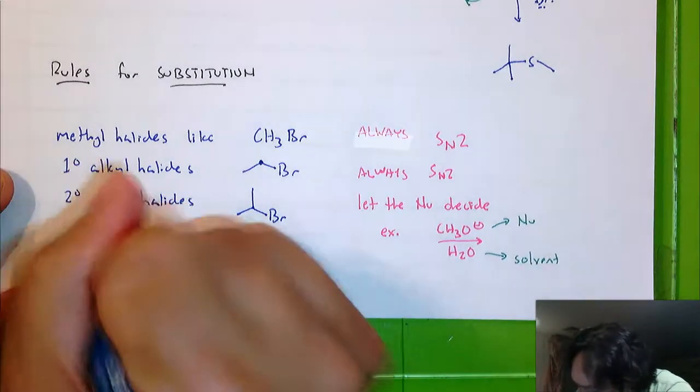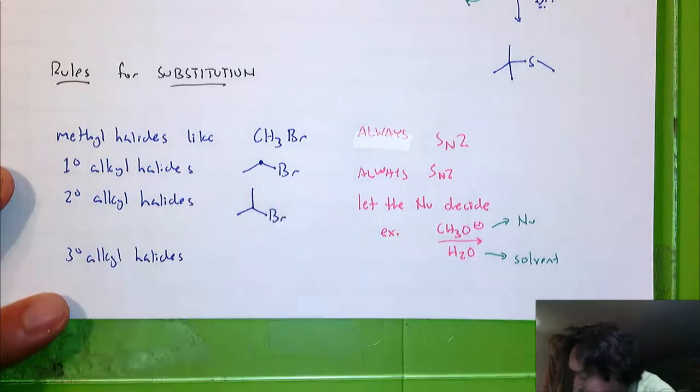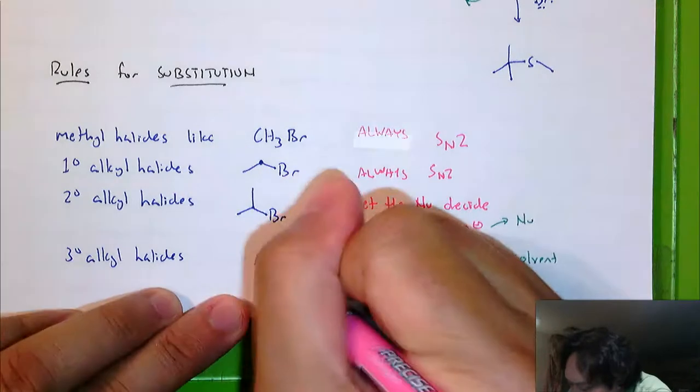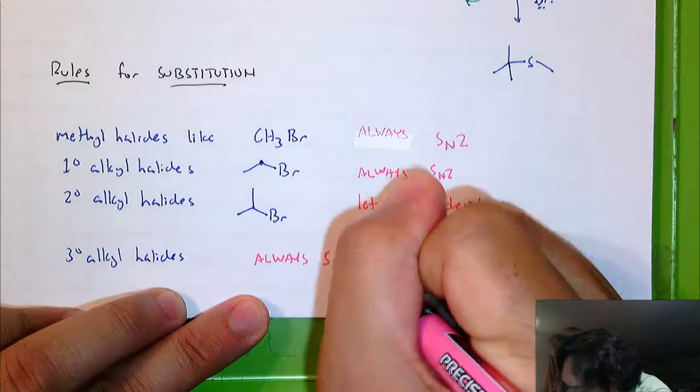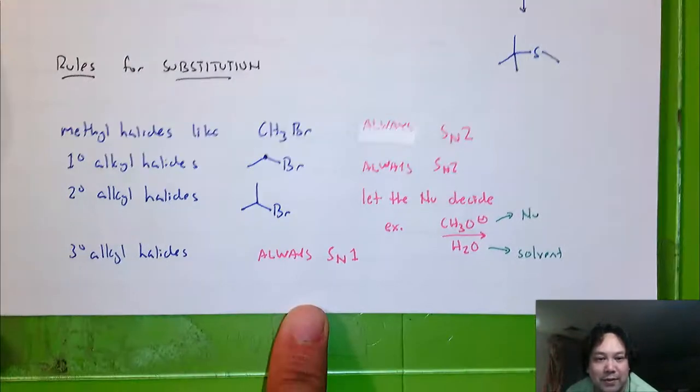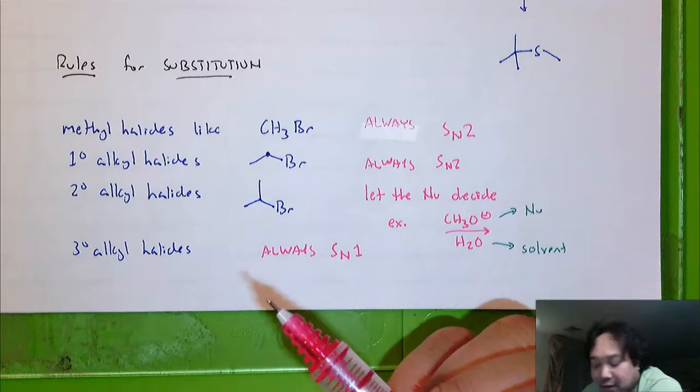Because tertiary, we're back to always. Always SN1. So that's great, because really, it's automatic.